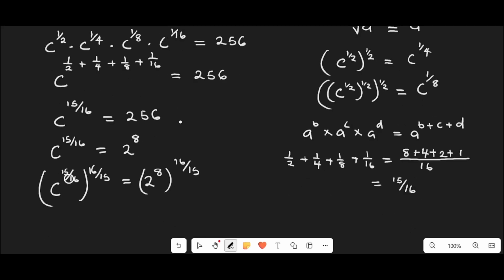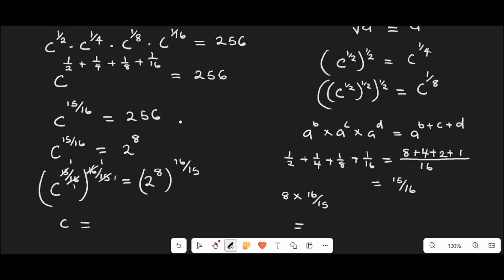So if we multiply the power, 16 here 1, 16 here 1, 15 here 1, 15 here 1. So C equal to 2 raised to power 8 multiplied by 16 over 15.